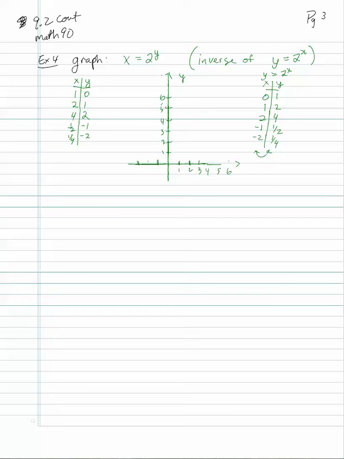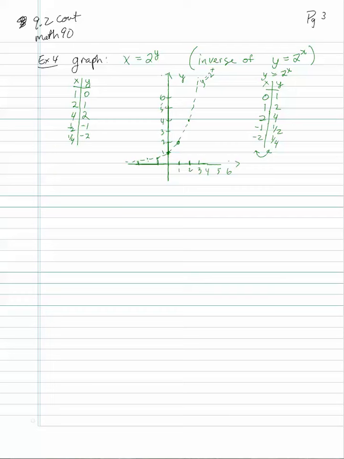Okay, so if I do y equals 2 to the x, I'm just going to do a dotted line so you see it. Y equals 2 to the x: 0, 1, 1, 2, 2, 4. Of course I can do 3, 8. So that's my y equals 2 to the x.